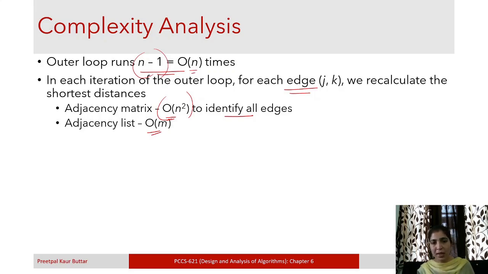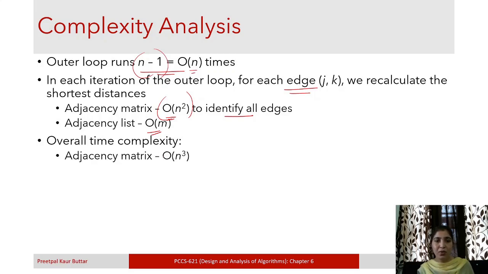We assume that there are n vertices and m edges. The structure of the adjacency list, if you can recall, is such that if you have to traverse through all the edges, then the time it takes is equal to the number of edges. So overall time complexity depends on whether you are using an adjacency matrix or an adjacency list.